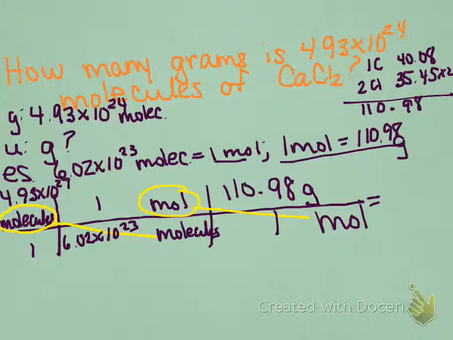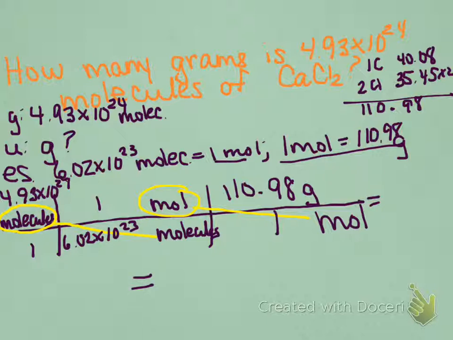So now I can do my math. And notice on this one, we start out with 4.93 times 10 to the 24th, and we have to divide it by 6.02 times 10 to the 23rd, and then we have to multiply that number by 110.98 to get our final answer.